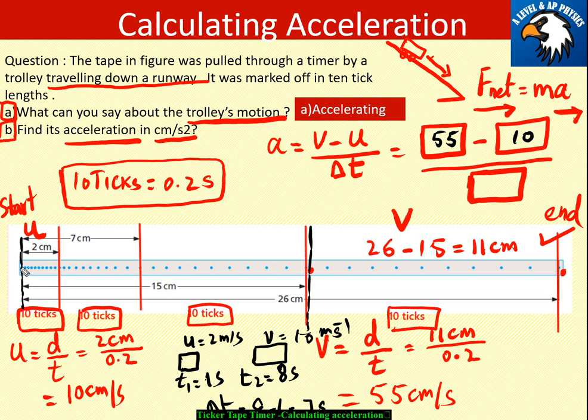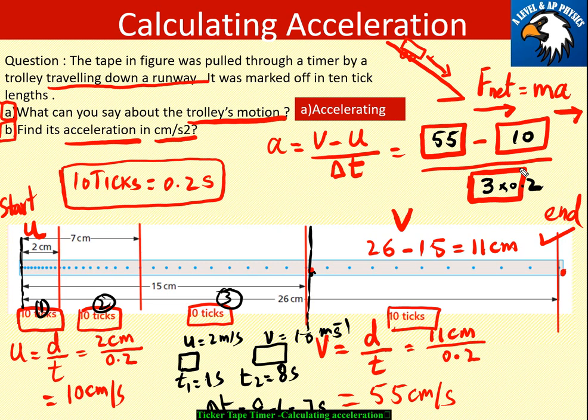So the same concept we are using here for delta t. We can go from the starting point here to the starting point here. So how many ticks here? We have one 10 ticks, two 10 ticks, and we have three 10 ticks. So total number of ticks, we can say 30 ticks or three 10 ticks. So delta t is equal to 3 times 0.2.